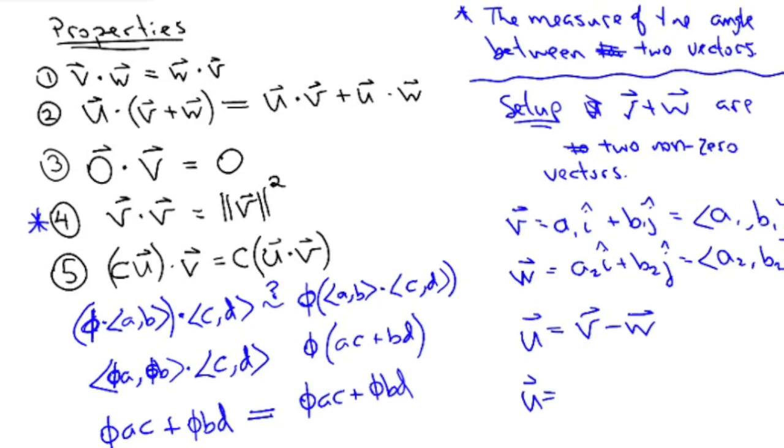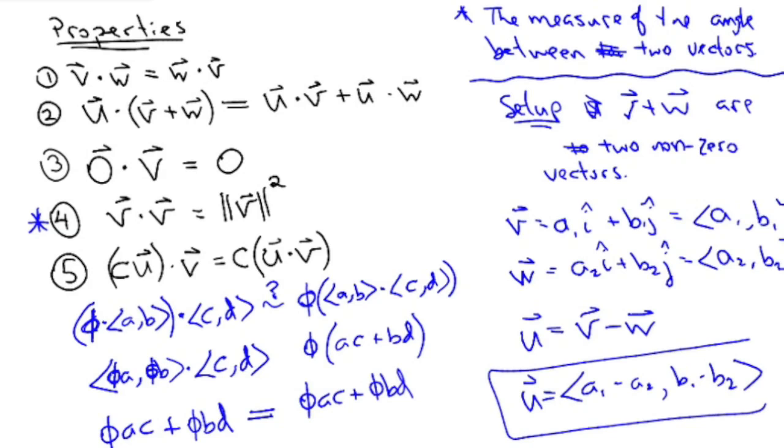If V is this, a1, b1, and W is a2, b2, then what's U if it's V minus W? A1 minus a2, comma, b1 minus b2. All right. This is going to be a little hard in our picture.